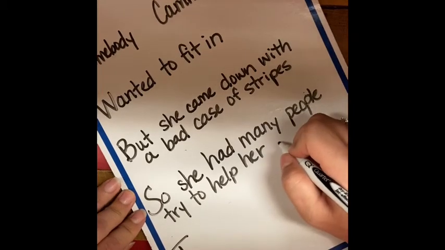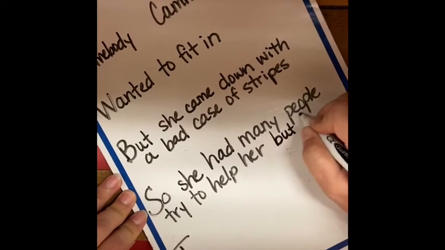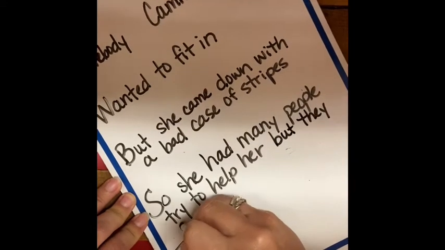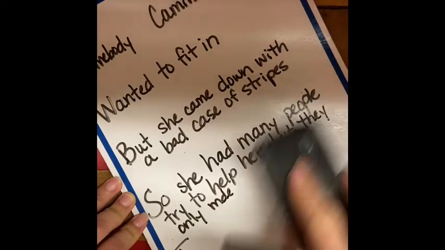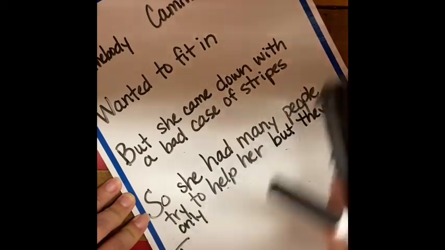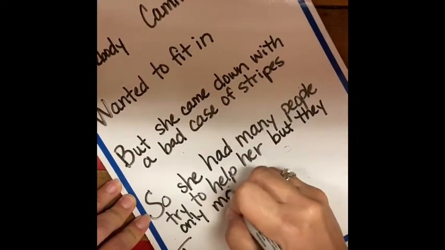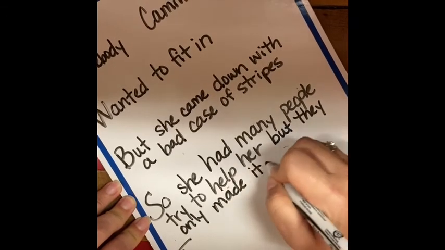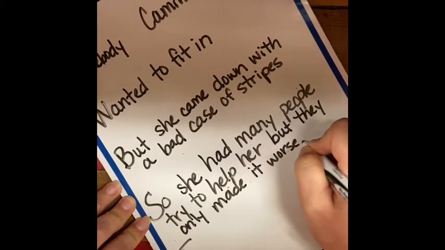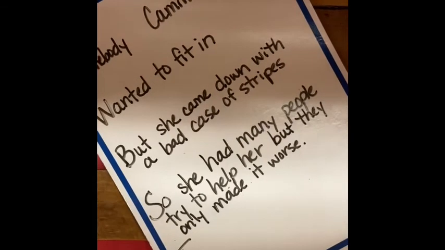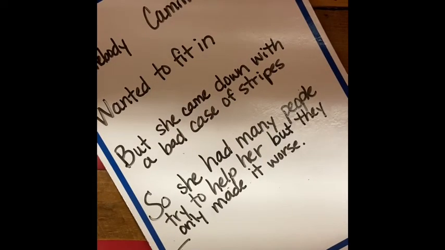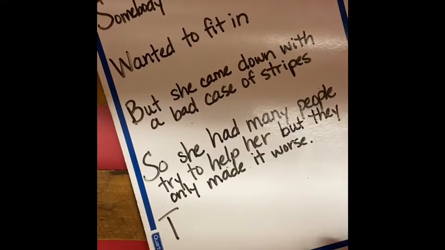Trying to help her, but they only... Whoops, I spelled that wrong. That's okay. If you make a mistake, you just fix it. They only made it worse. Right? All those people who were helping her, it didn't help her at all. Every time someone did something to help, it actually made her worse.